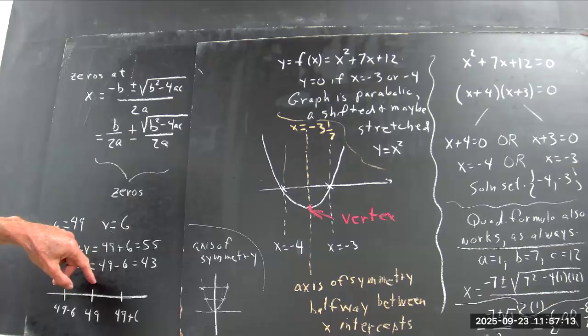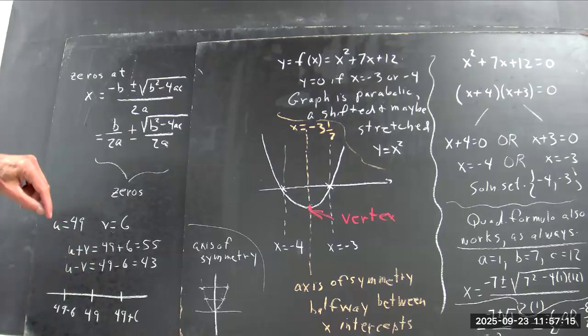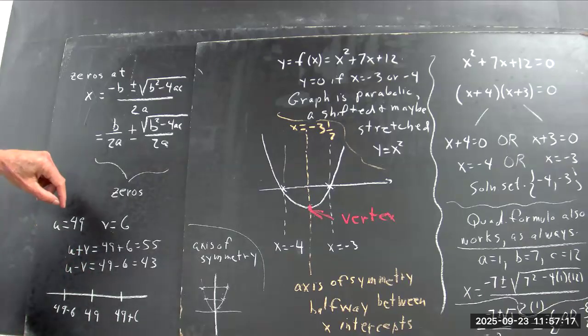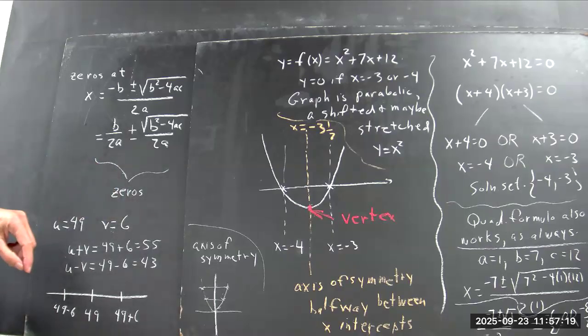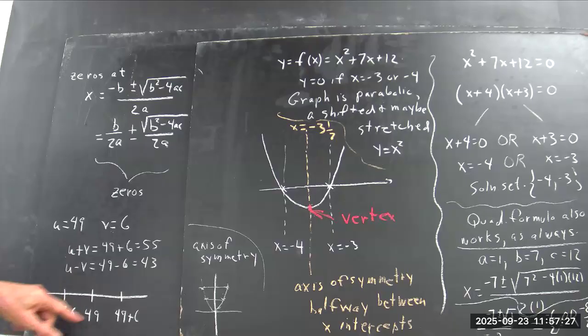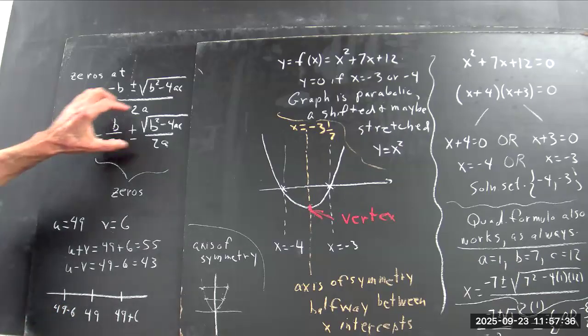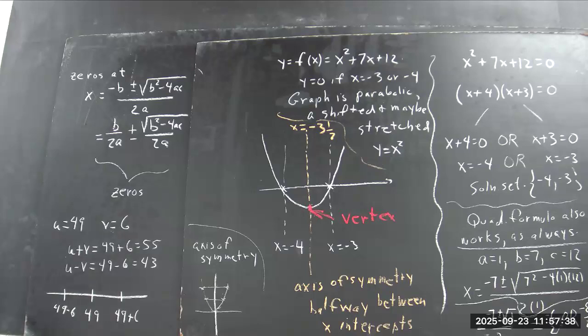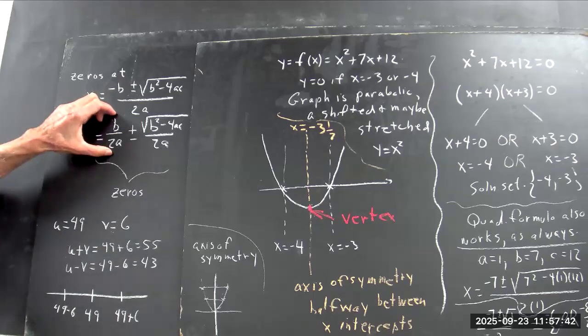Okay. So if I take any two numbers, add the second number to the first one, and then subtract the second number from the first one, the first number is going to be right halfway between them. Is that obvious? Because everybody drew it that way. Okay. It seems like it's obvious. Well, that works up here, doesn't it? These are the zeros.